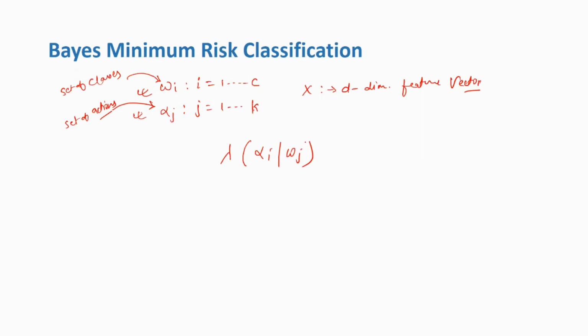When we take some class, say omega j, and some action, say alpha i, then the loss is given by this lambda of alpha i given omega j. It will be more clear, don't worry.